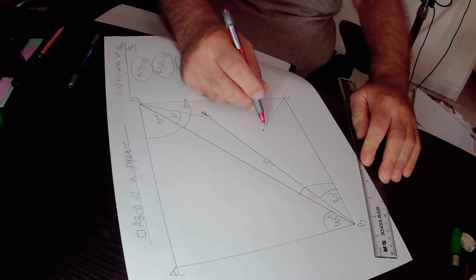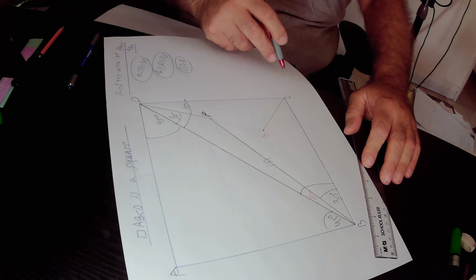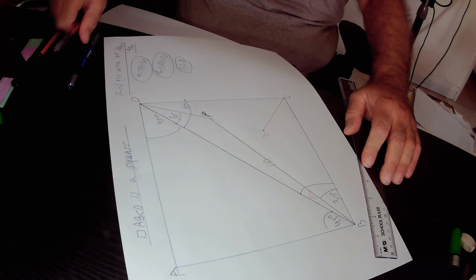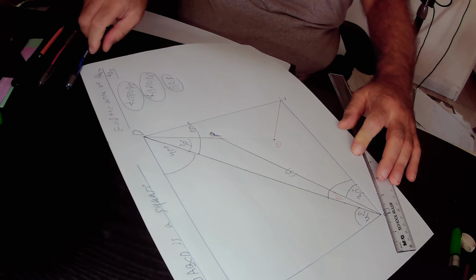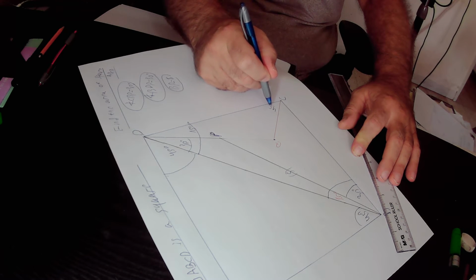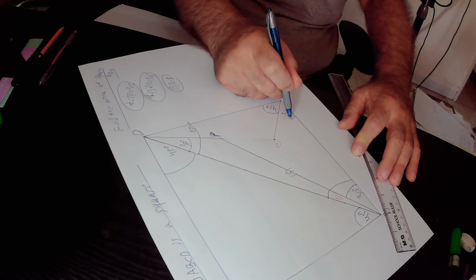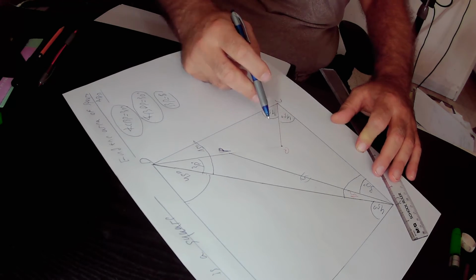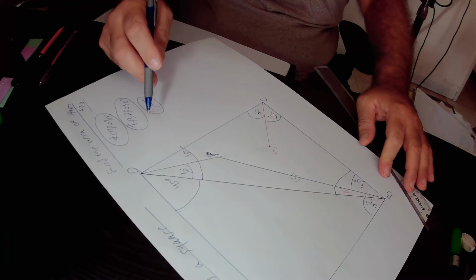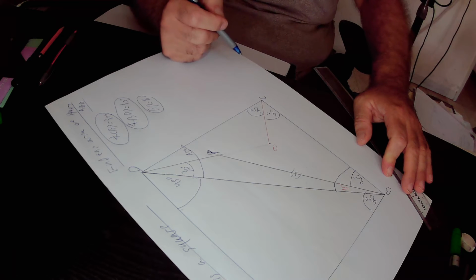We find this point as point Q. So CQ is the angle bisector of angle DCB. Therefore, this angle must be equal to 45 degrees in its size, and this angle must also be equal to 45 degrees in its size. The bisector CQ bisects angle DCB into two halves. Each half must be equal to 45 degrees in its size.